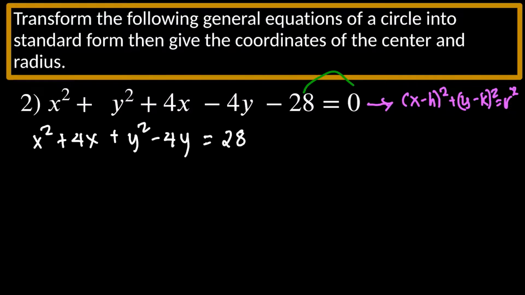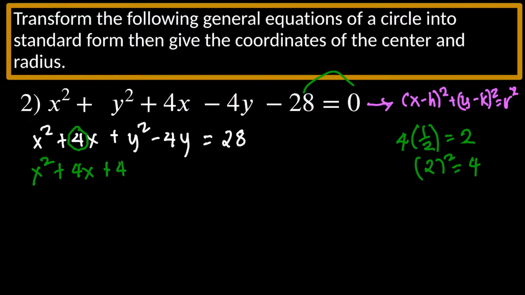Now we're going to do the completing the square. We need to take note of the numerical coefficient of this element, and that is 4. 4 times 1/2 is actually 2, and if we square 2, that will give us 4. So we can write this as x² + 4x + 4.